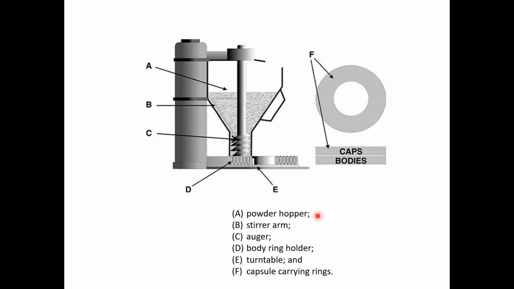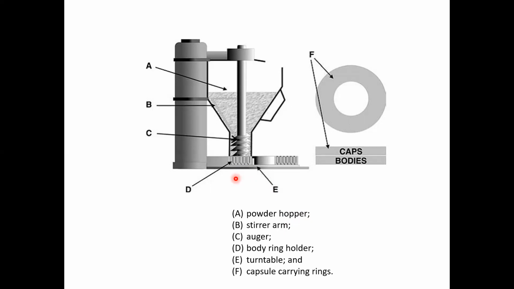You need not remember the brand names or makes of these machines, but the principle of operation is important. Since it is a capsule dependent machine, the filling of the capsules is primarily volumetric filling.